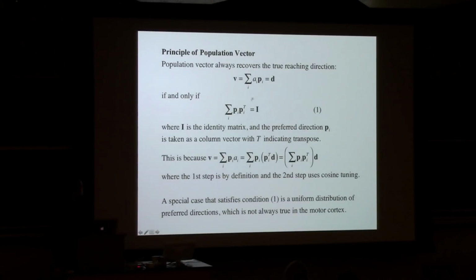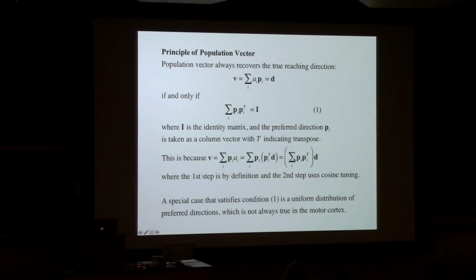So why does this work? The mathematics is extremely simple, because the population vector by definition is this weighted sum here. But you write it this way because of the trick you want to play. This is the scalar activity times the vector of the preferred direction, right? You write it this way. This is the inner product of the row vector of the preferred direction with d.